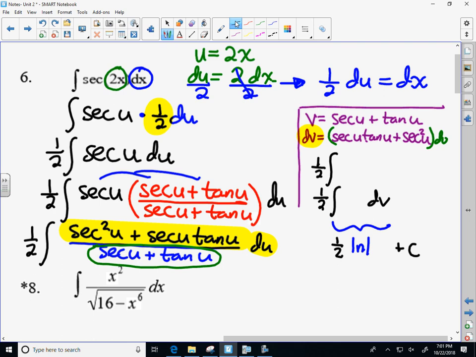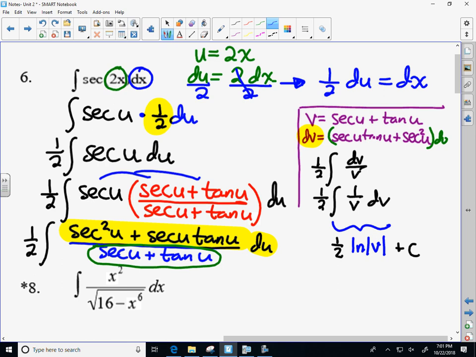It's 1/v dv. It was dv/v. Right, because we called secant u plus tangent u to v. Alright, so 1/2 ln of v is our antiderivative.